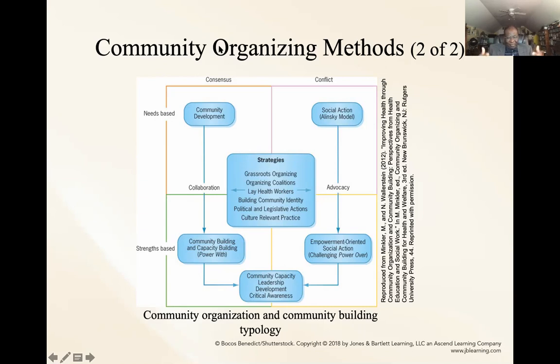You can select from that group people who are going to act in a leadership role in advancing the needs of the community. And you develop critical awareness, the importance of really being able to accomplish that goal, so that people start seeing the goal in sight.